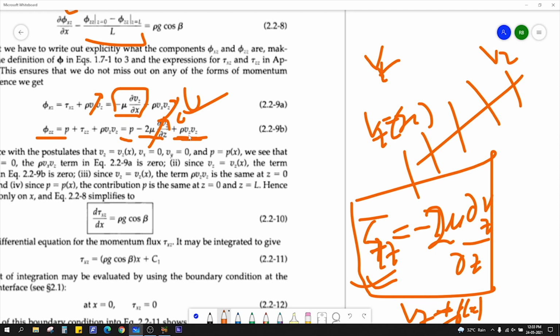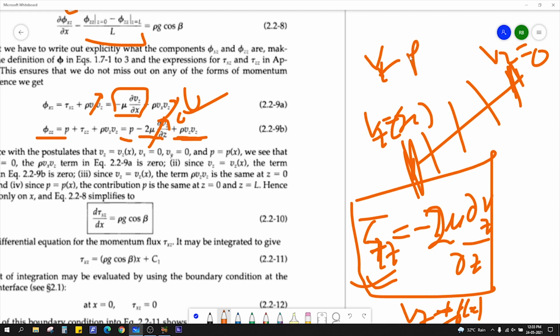Vz is not a function of z. That means Vz at z equal to 0 will be the same as at z equal to L. So both will cancel out.